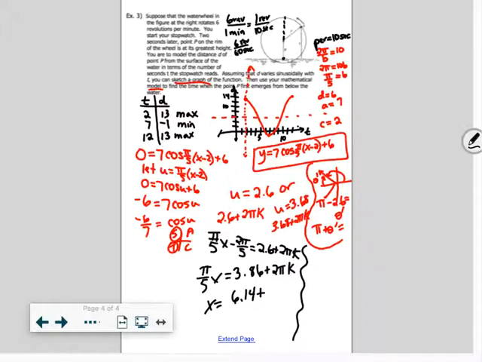Now what happens when you divide, you're dividing everything. So I have to take the 2 pi k, and when I divide by pi over 5, that's the same as multiplying by 5 over pi. So that's what, 10k?